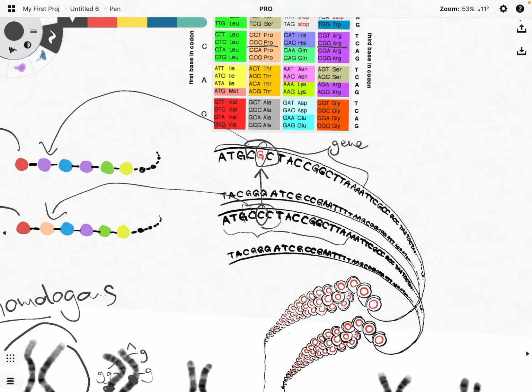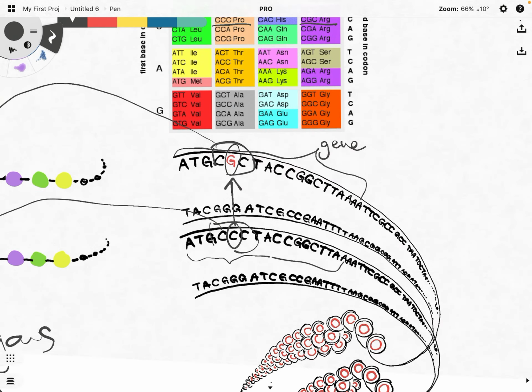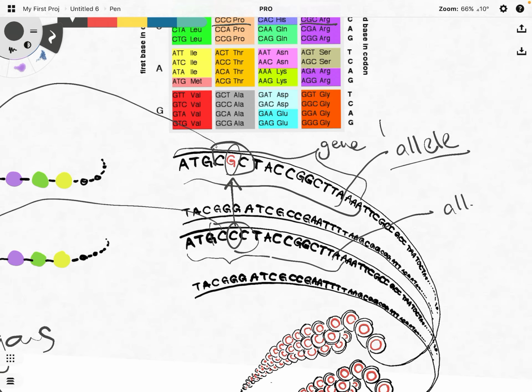So, if we were to go back over here, we have the same gene, but different forms of the same gene. So, we will refer to different forms of the same gene now as an allele. This is one allele. This allele over here codes for an enzyme that results in blood type A. This allele over here is a different form of the same gene, but it codes for the blood type B.